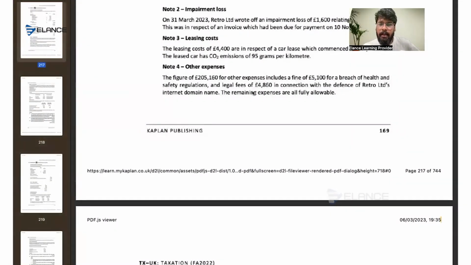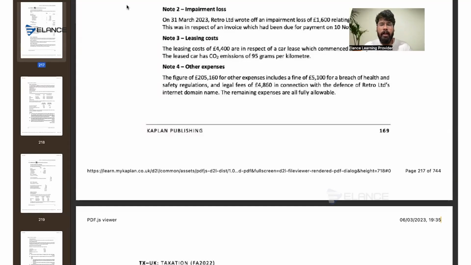And a legal fee of 4,860 in connection with defense of Retro Limited's internet domain name. Okay, and what should we do with this 4,860? Is it an allowable expenditure or disallowed? Okay, allowable, yes, it is allowable.